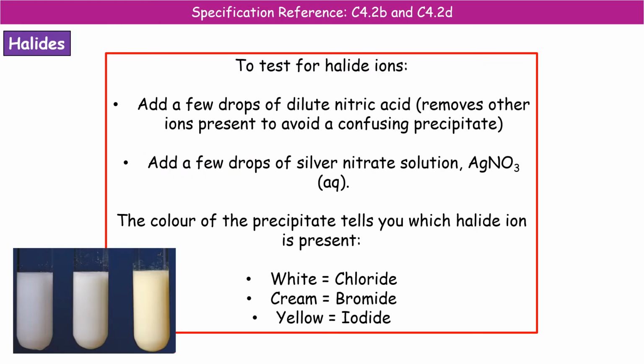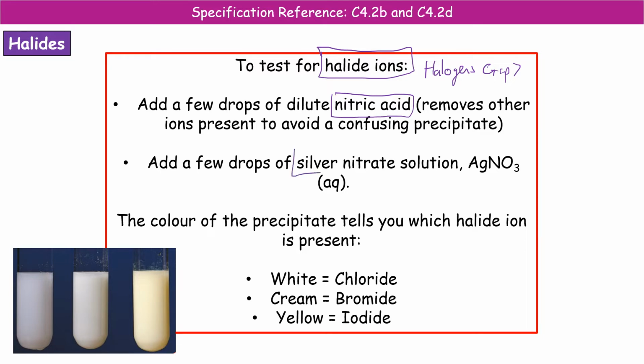The third and final test we need to know is our test for the halide ions. Remember, halide ions are of the halogens, which are in group 7 of the periodic table. So we're testing for 3 of the halogens. We add a few drops of dilute nitric acid first of all, just to remove any other ions that may be present.